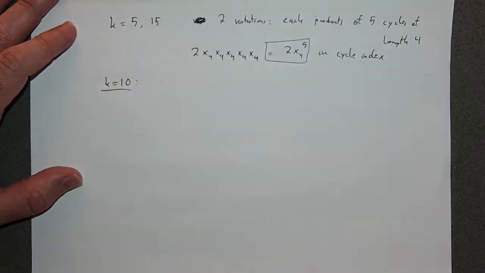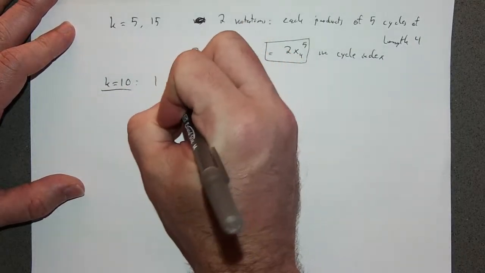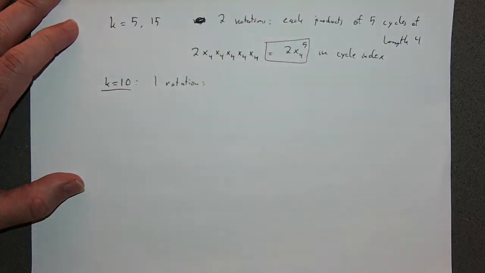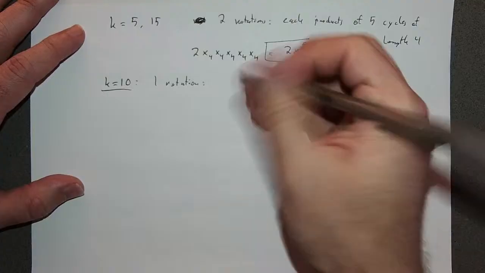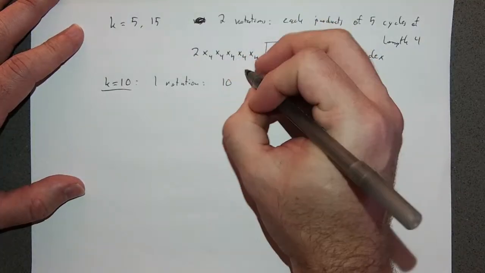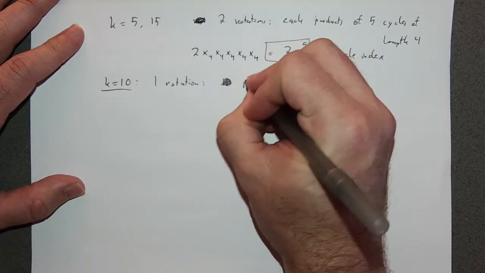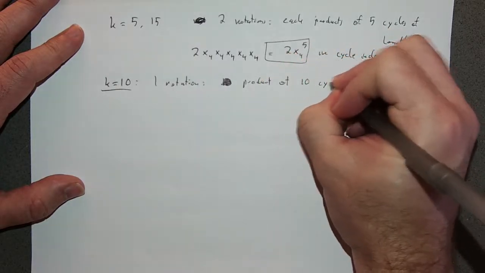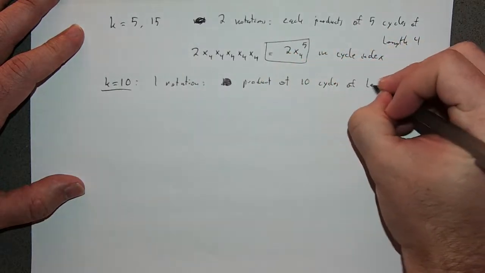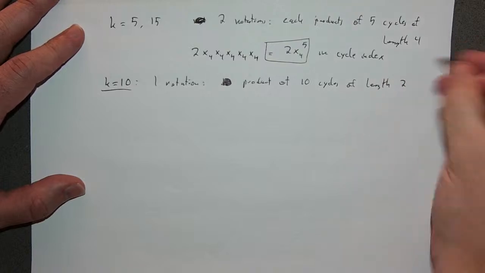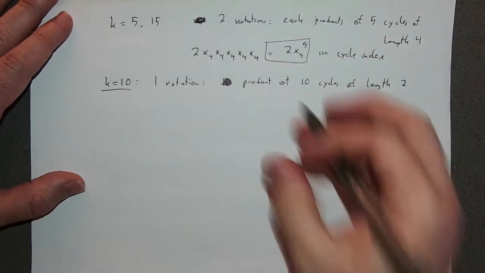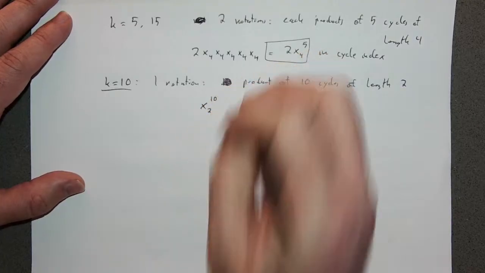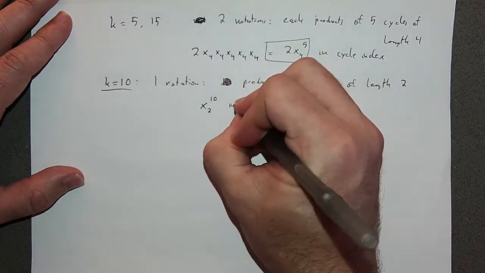This is 1 rotation, which is a product of 10 cycles of length 2. So this gives me x sub 2 to the 10th in the cycle index.